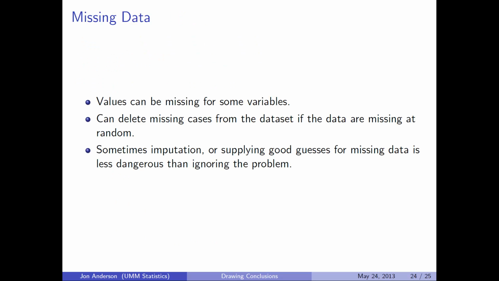Sometimes we can have missing values on some of our predictors, and there's typically a couple things that get done when we have missing data. One thing we can do is just eliminate observations in cases that have any predictors that are missing. Another thing that we can do is create some additional data sets that have artificially imputed or guessed values for the missing data.